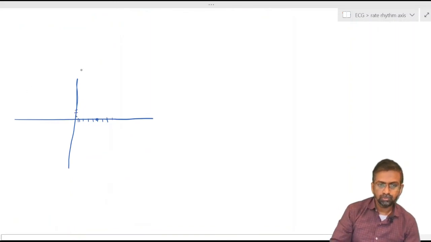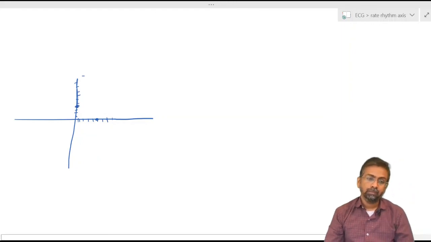I told you this one is negative, not like normal graph paper. In the heart, the graph paper we use is a little different. So this is one value you got, and suppose it is again 5 negative, this is another point you got. You take a perpendicular from here and one here, and it is the point where these two meet.